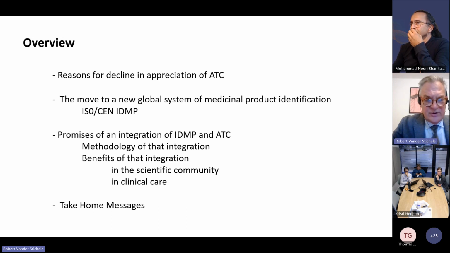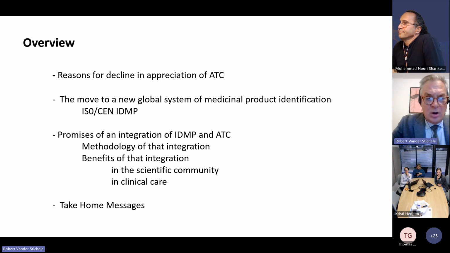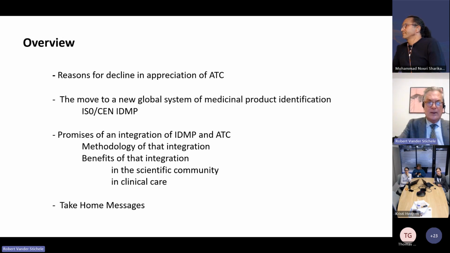And the bulk of the presentation will be about the promises of an integration of IDMP and ATC, IDMP being identification of medicinal products. I will talk about the methodology of that integration and then about the benefits for the scientific community and for clinical care. And I will end with some take-home messages.